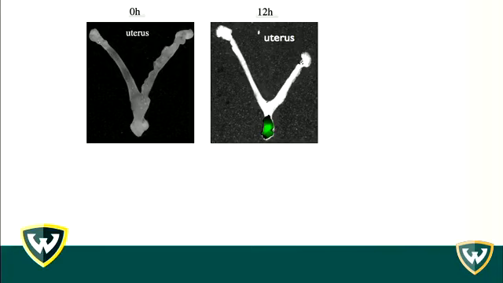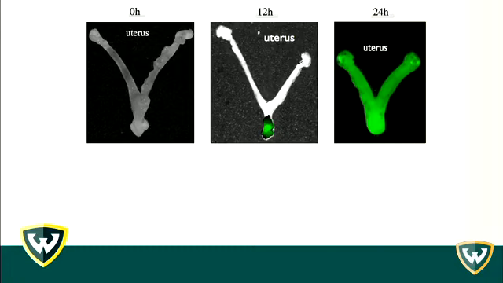So it's concentrated in the vagina, and as I mentioned to you before, we know that the vagina has a lot of bacteria. But the surprise was this: within 24 hours, that fluorescence is spread through the whole uterus, the two sides in the mouse.